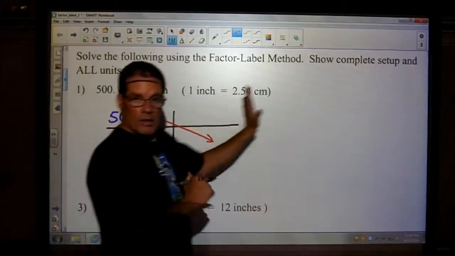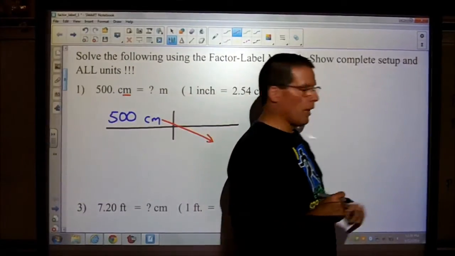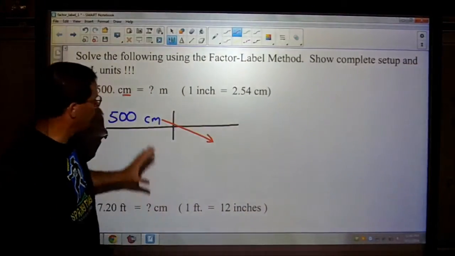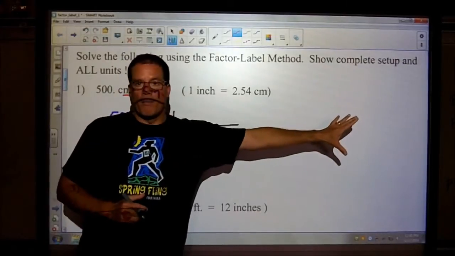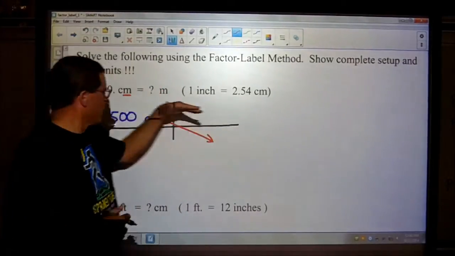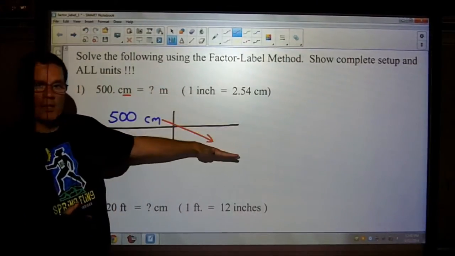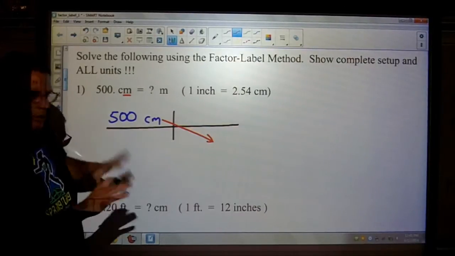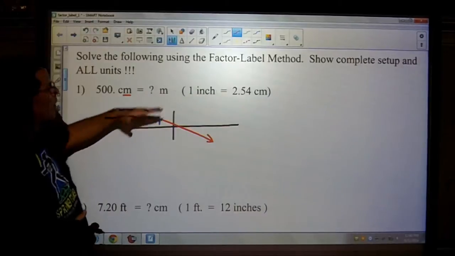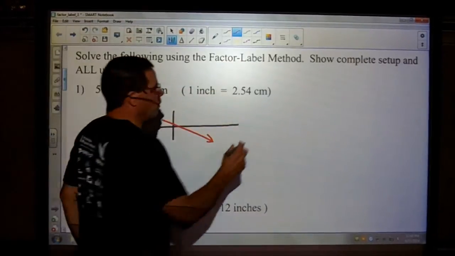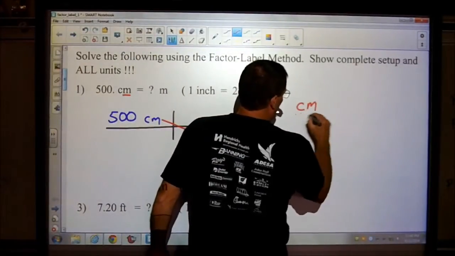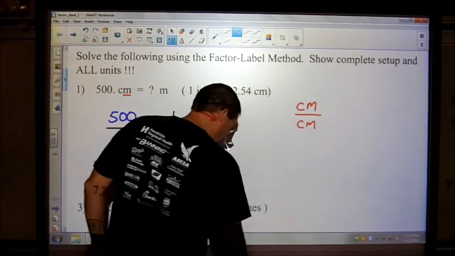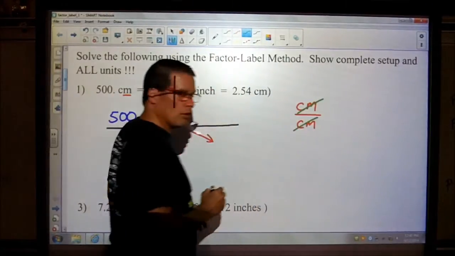Or later on, as we'll find out when we work out some of these more fun problems, we'll want it in a later step, not in the numerator, but in the denominator. If it actually is in the denominator when we start with it, which we'll be talking about here in a few minutes, then we want to put it in the numerator. Because what we're trying to do is get our units to divide themselves out or cancel out.